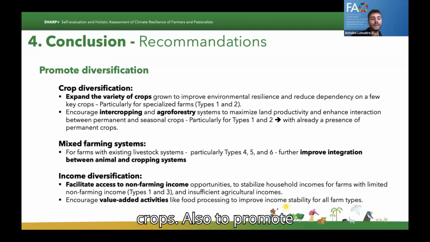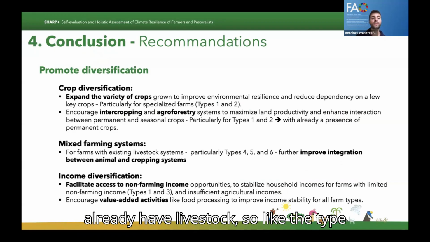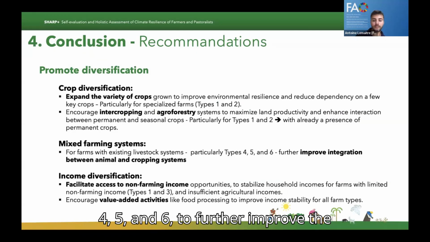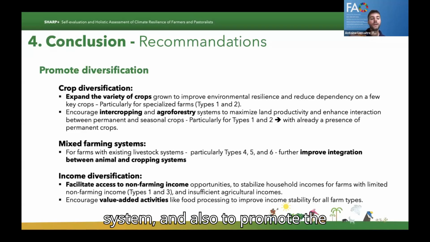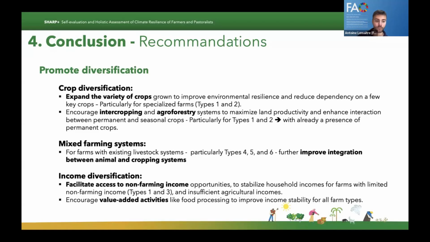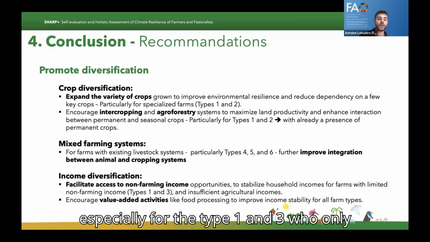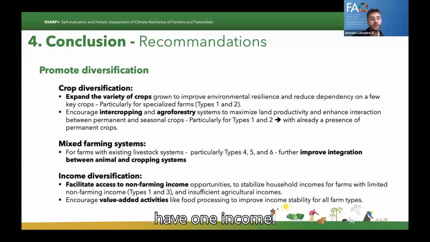Also to promote mixed farming systems for the farms who already have livestock, like the type 4, 5, and 6, to further improve the integration between animal and cropping system, and also to promote the income diversification, especially for the type 1 and 3, who only have one income.